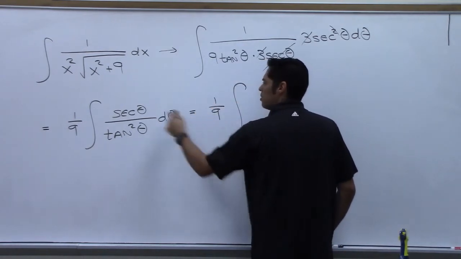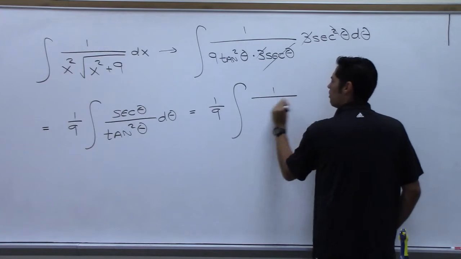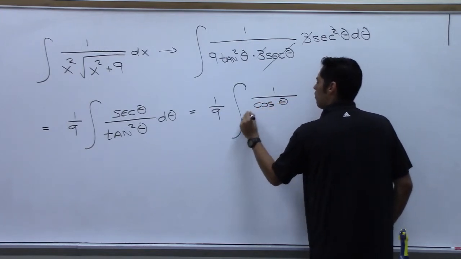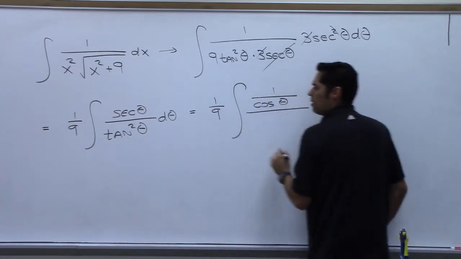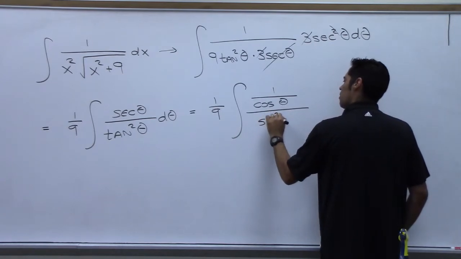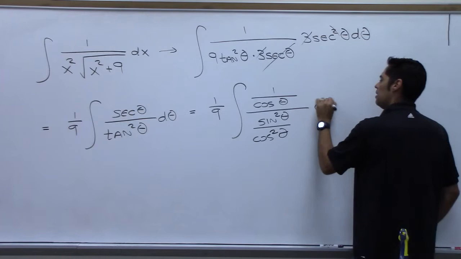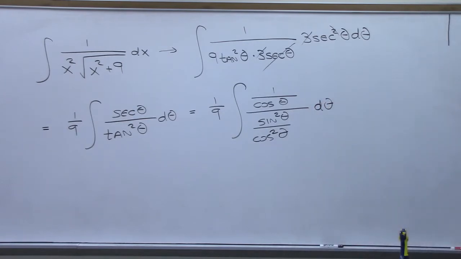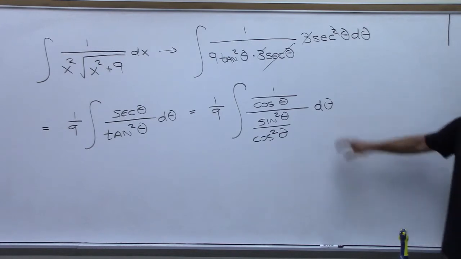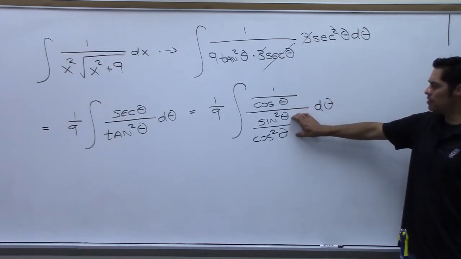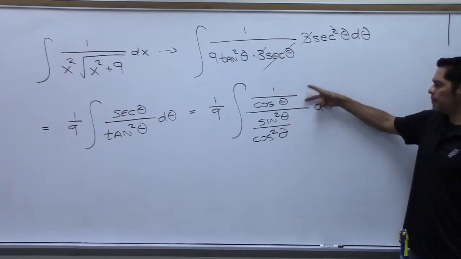What is the definition of secant? 1 over cosine. And what is the definition of tangent squared? Sine squared theta over cosine squared theta, right? That's what that would be. Just me rewriting the entire integral in terms of sine and cosine. Secant theta, tangent squared theta. Flip, right?